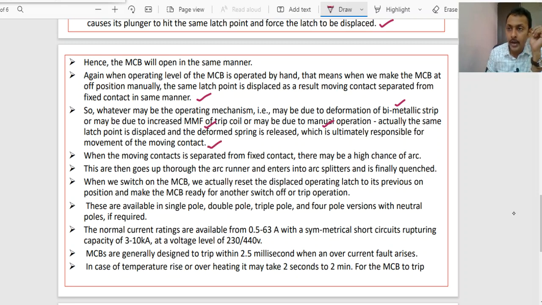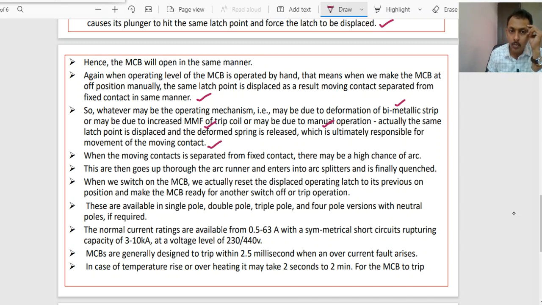So because of any one of these operations, the moving contacts can be moved. Once the moving contacts are moved, you can make the circuit on and off.